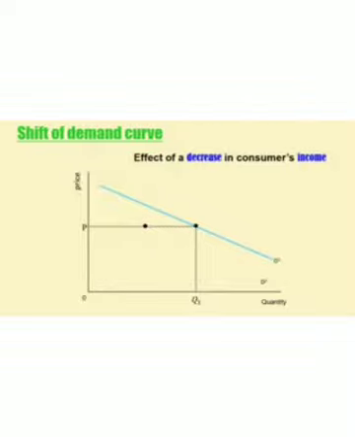Suppose the initial demand curve is D1, the consumer is buying Q1 quantity of goods at price P. Keeping the price constant, a decrease in consumers' income will lead to a leftward shift of the demand curve from D1 to D2. Now the consumer will buy Q2 quantity of goods at the same price P. This indicates a decrease in demand.